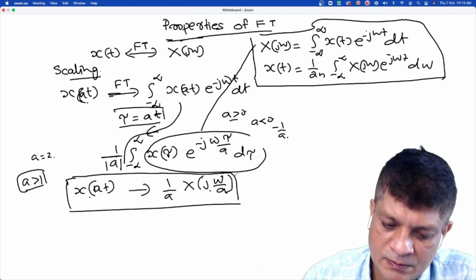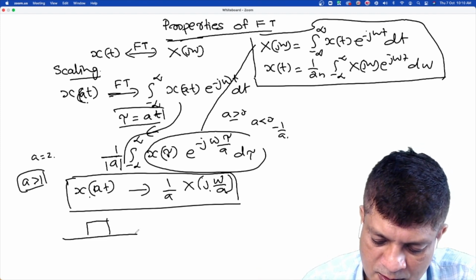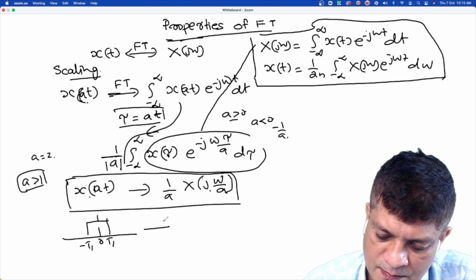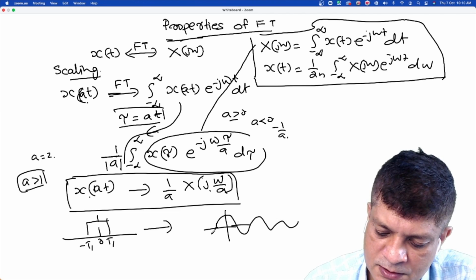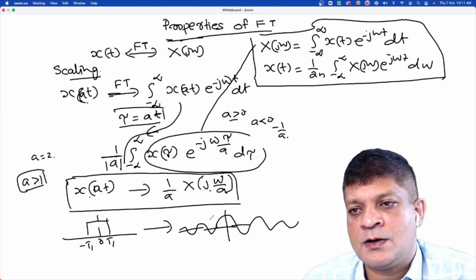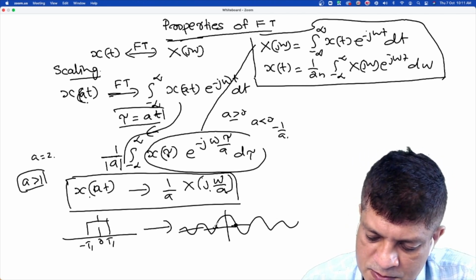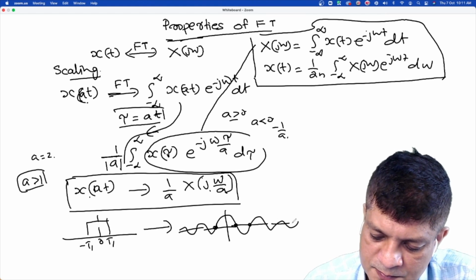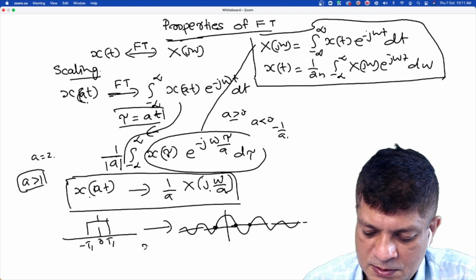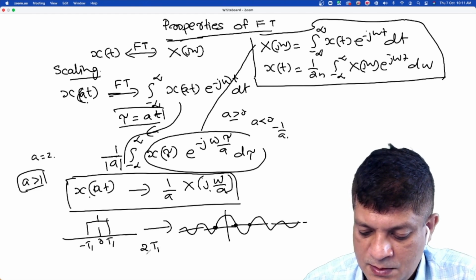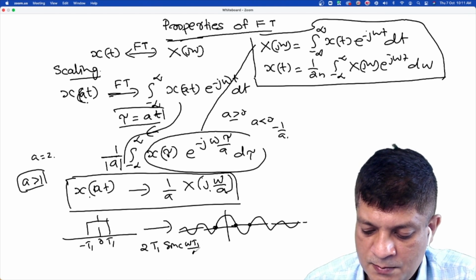We have seen this example also. If we consider a rectangular pulse from minus t1 to t1, its Fourier transform is a sinc function. Its expression, if you don't remember it, is 2 t1 sinc(omega t1 by pi).